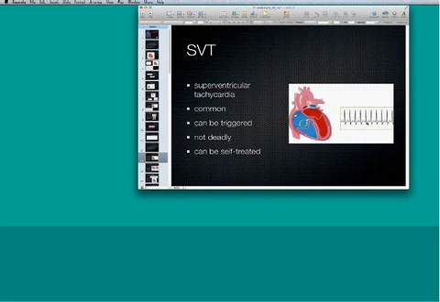So let's look over here. You can see here that what we see is the wave. There's little waves in between these big electrical waves. They're not wide. When they're wide, it usually means they come from the bottom. When they're narrow, it means the fast rhythm's coming from up here and using the normal circuits. If electrically the normal circuits to the bottom of the heart are working, then you get a nice narrow, big wave.